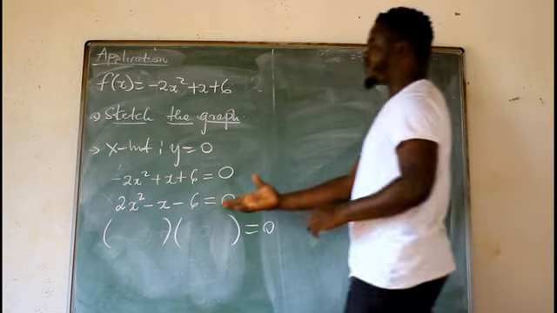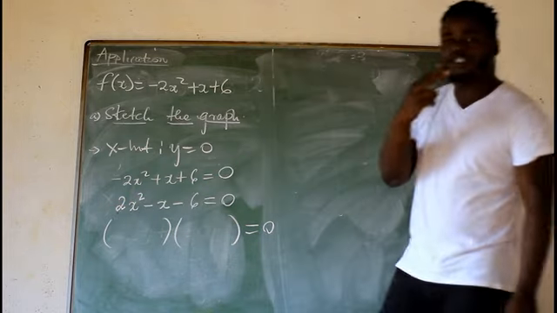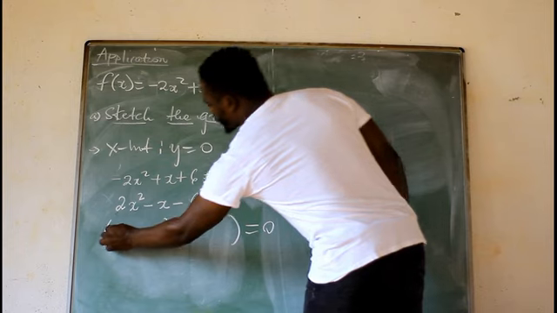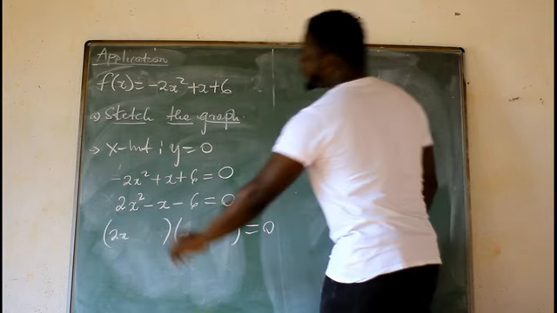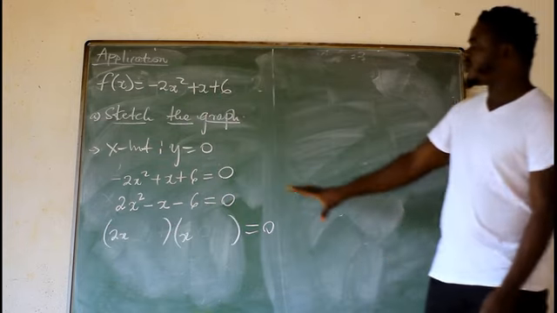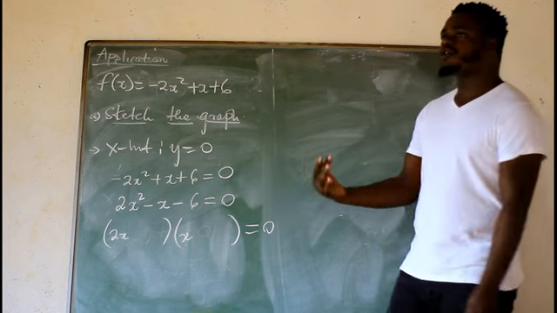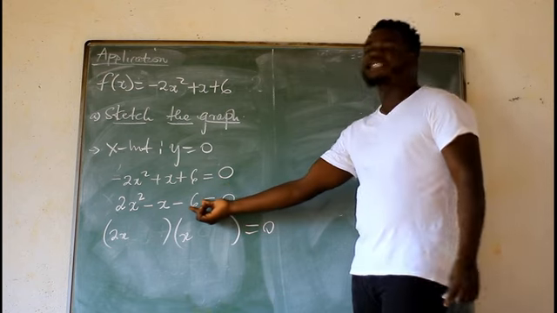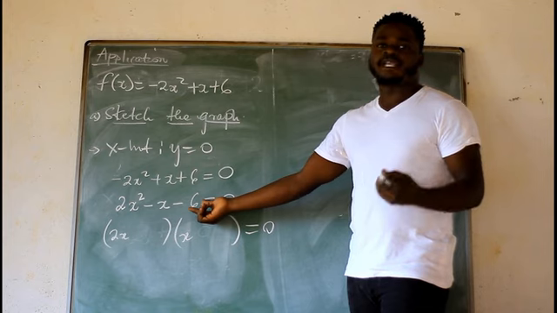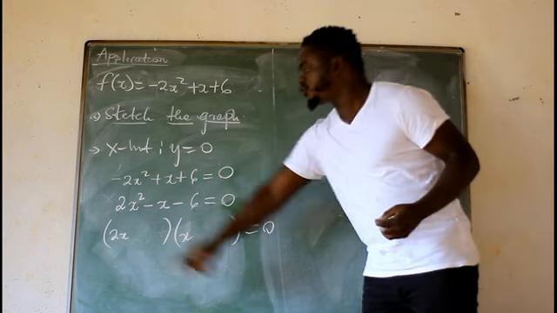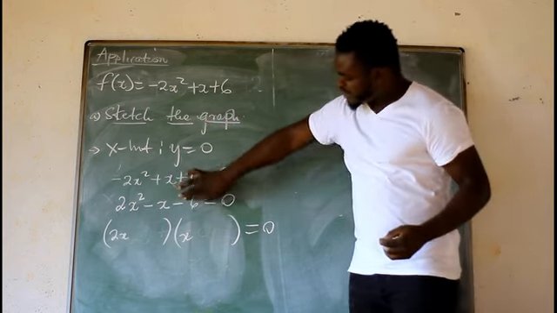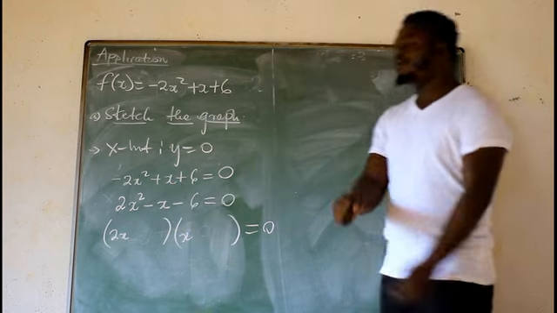And just because this one is a prime number, it has only 2 factors, which is 2x and x. Now, guys, when you factorize this part, you are going to find the factors of 6 which, when you multiply them with the factors of 2 and subtract, must give you negative 1.